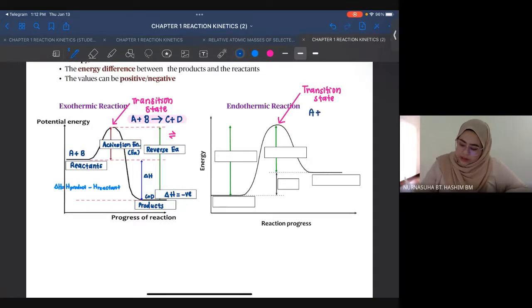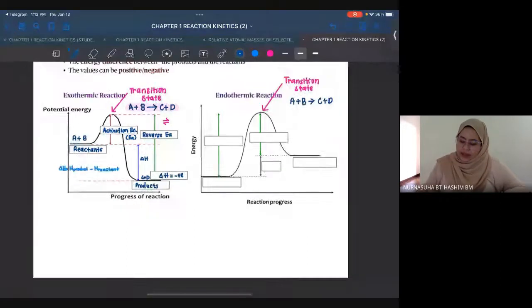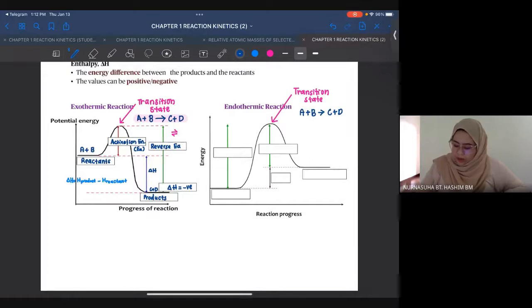So imagine the same equation. Okay, your y-axis is the energy, x-axis adalah reaction progress. Okay, so you ada pilihan untuk energy tu, nak letak potential energy pun boleh.